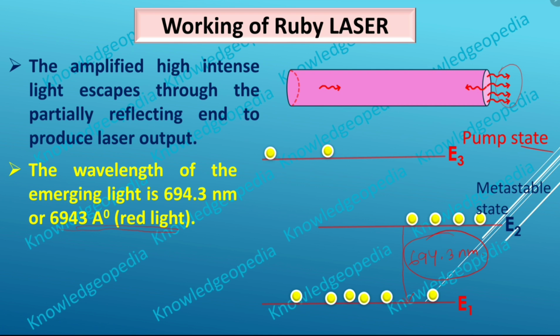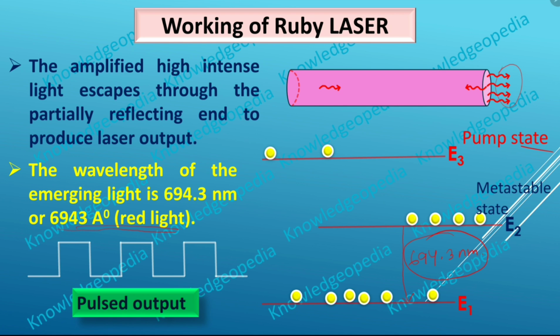Again it will take some more time to pump these ions from E1 to E3, and they will reach E2 such that again we will get the population inversion. Up to that time there will be no output coming out from this laser, and that is why we are getting a pulsed output.